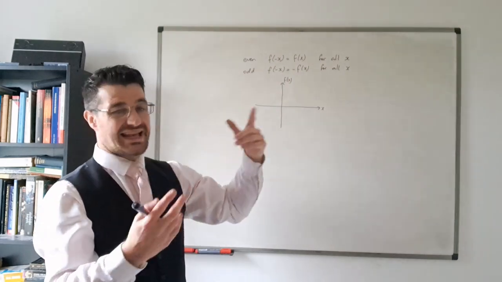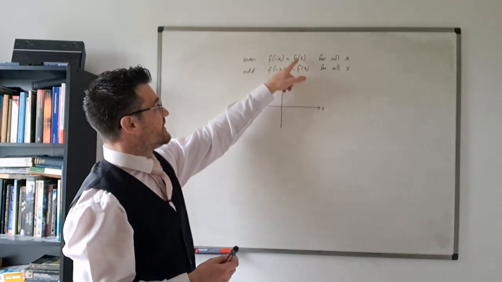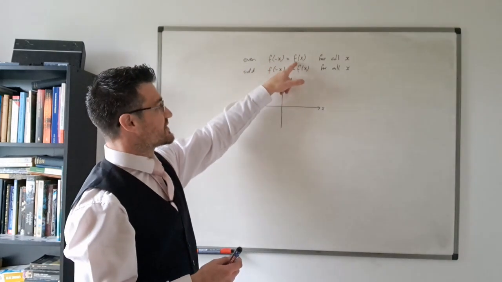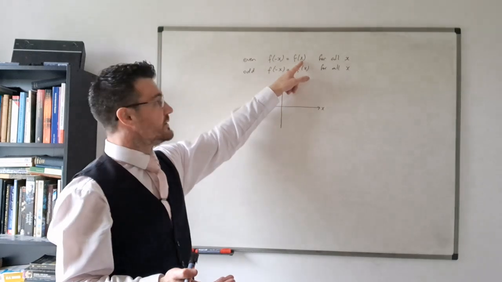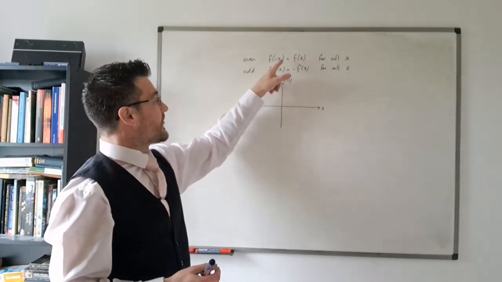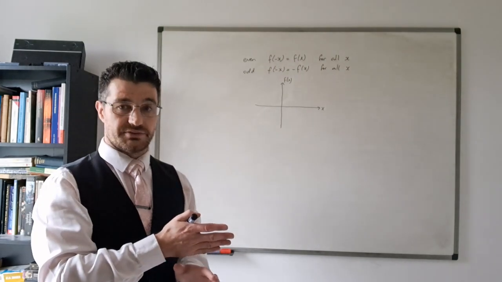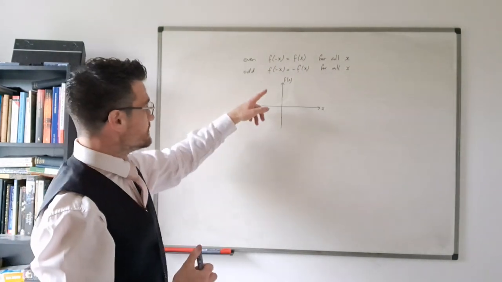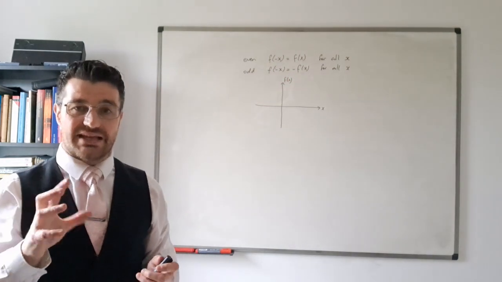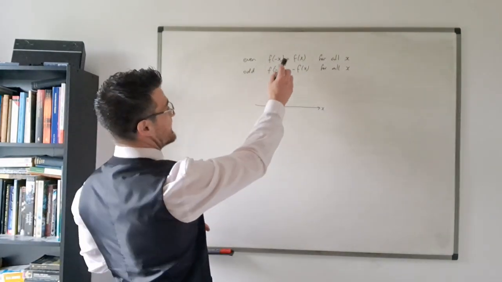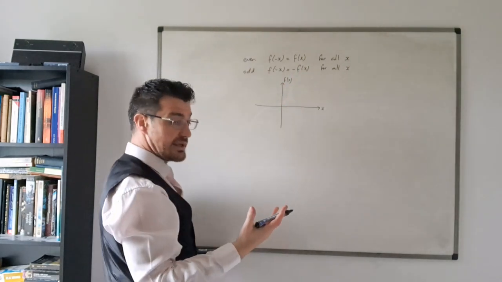If I restrict x to just positive numbers, then this tells me what f is going to look like for positive values, including 0. And this bit is going to tell me what f looks like on negative values. So let's limit x to positive values, and think about what my f of x might look like for positive values.